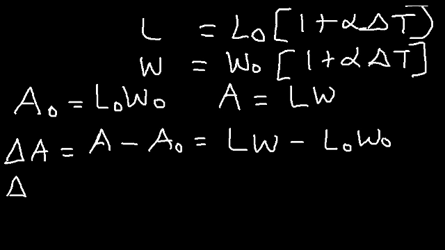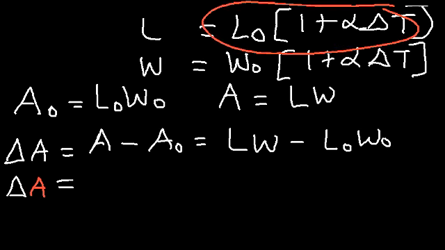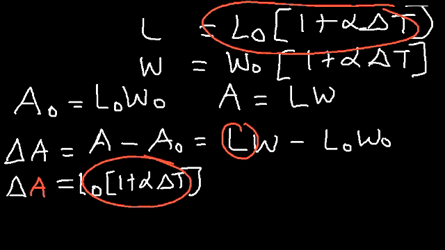So delta A is equal to the new L times the new W. Now the new L is basically this value. It's L0, 1 plus alpha delta T. So we replace L with that new value.